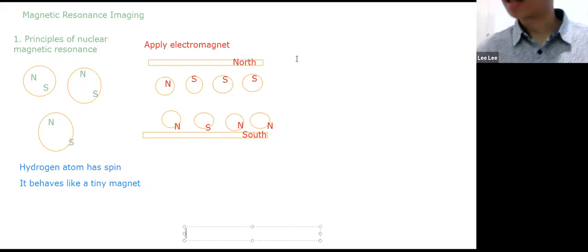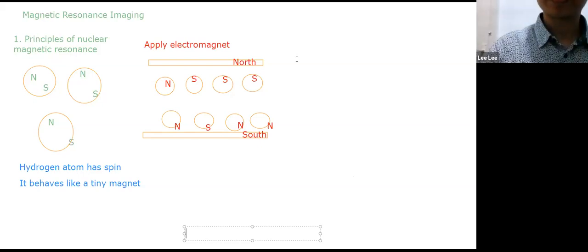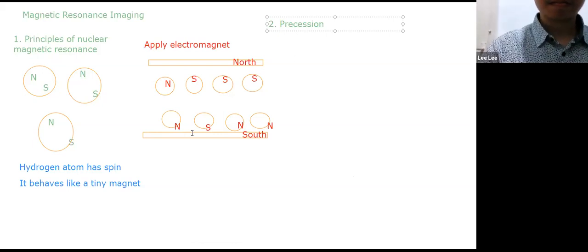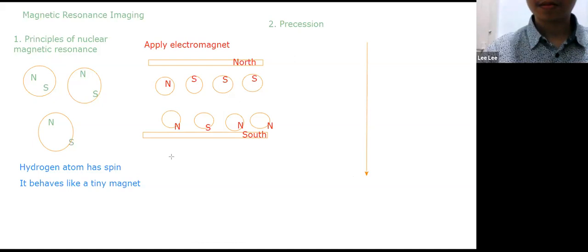Now we have to discuss what we mean by precession. So now let's say this is a magnetic field applied.